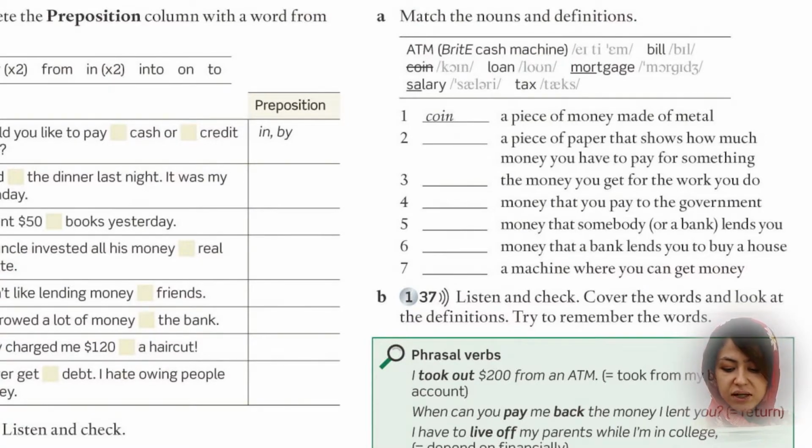Number 3, the money you get for the work you do. So, you work and you earn salary. Number 4, money that you pay to the government. Tax. Number 5, money that somebody or a bank lends you. Loan. 6, money that a bank lends you to buy a house.